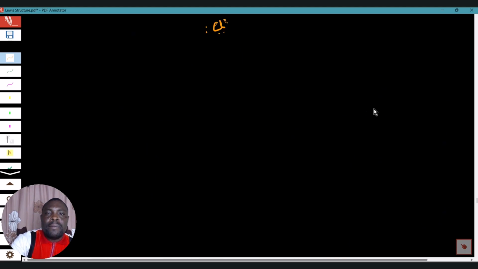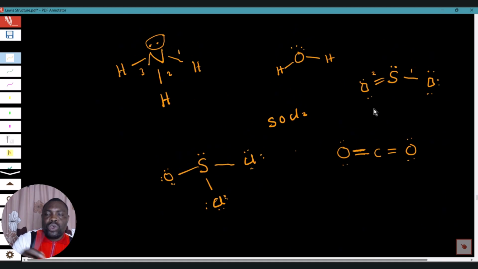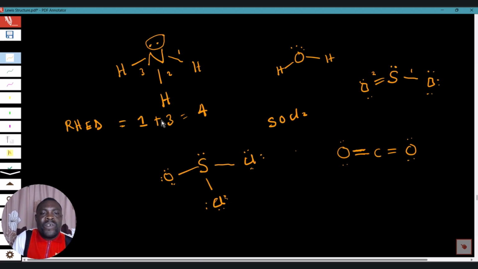Now let's look at the structures we've already drawn. Let's take ammonia for example. The region of high electron density of ammonia will be equal to how many lone pair? We have 1 lone pair plus how many bond pair? We have 3 bond pair, making 4. So the region of high electron density of ammonia is 4.